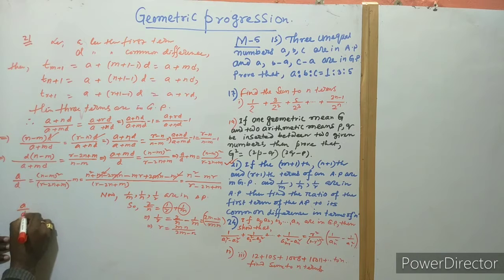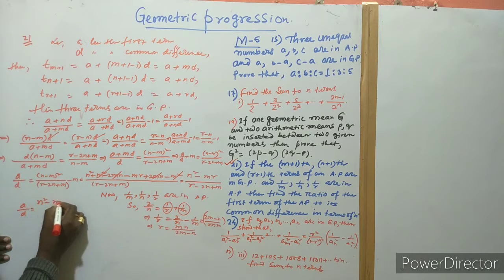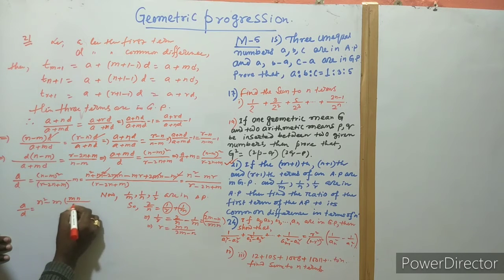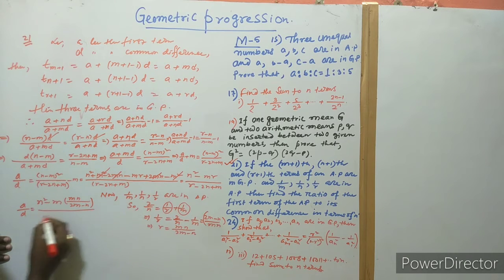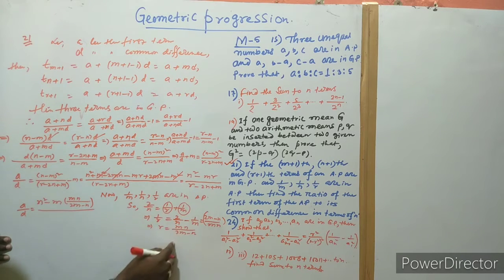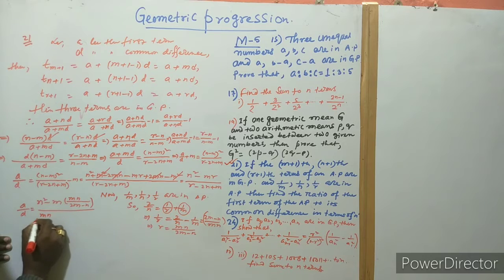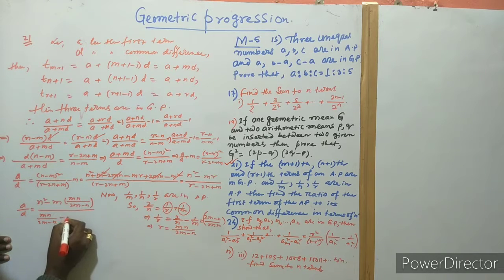See here, a is to d is equal to n square, m into the value of r, which is mn by 2m minus n, and also in the numerator there is r, so put the value of r as mn by 2m minus n, and also 2n plus m.